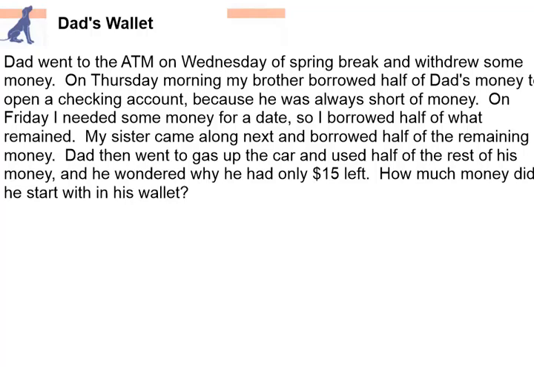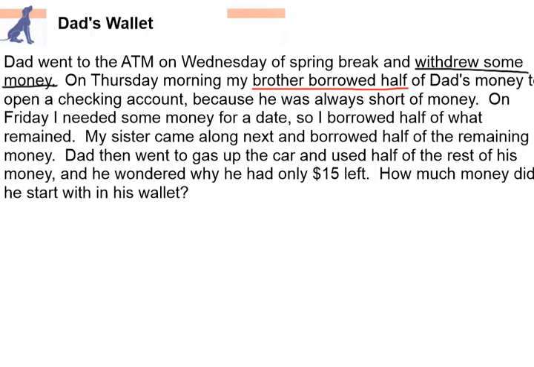Dad went to an ATM on Wednesday of spring break and withdrew some money. I'm going to start underlining some stuff. He withdrew some money. On Thursday morning, my brother borrowed half of Dad's money to open a checking account because he was always short on money.